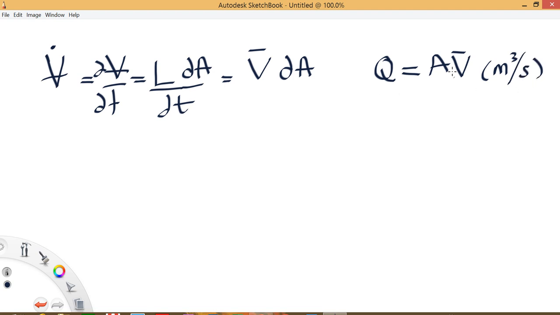For ideal fluid, if you still remember in lecture 4, we have ideal and real fluid. For ideal fluid, the velocity is uniform, meaning velocity is the same throughout the cross-sectional area. So when you find the average, it will be the same.